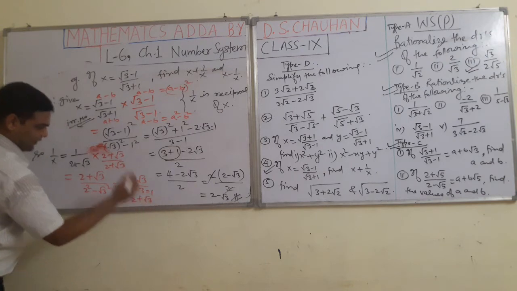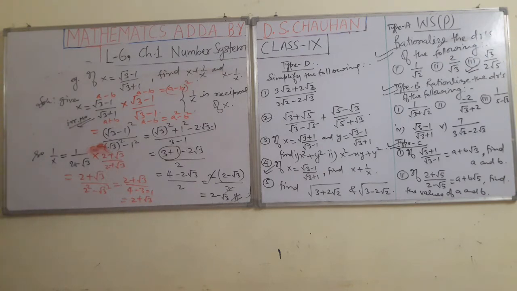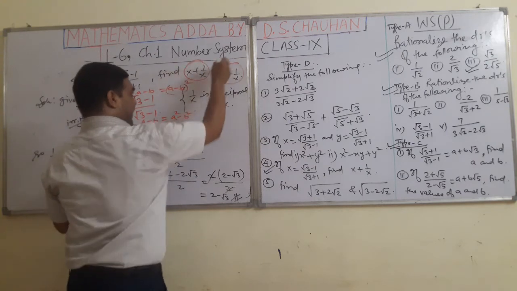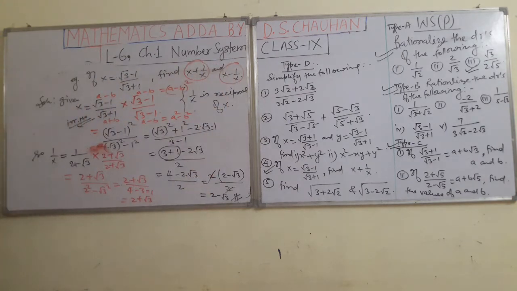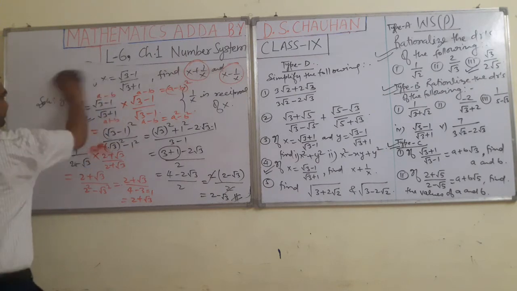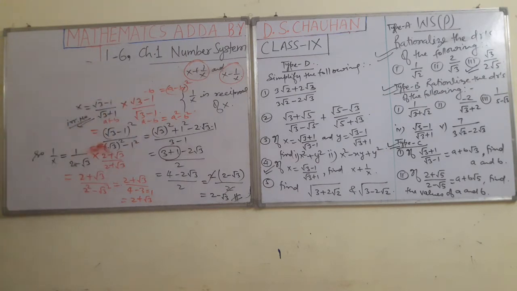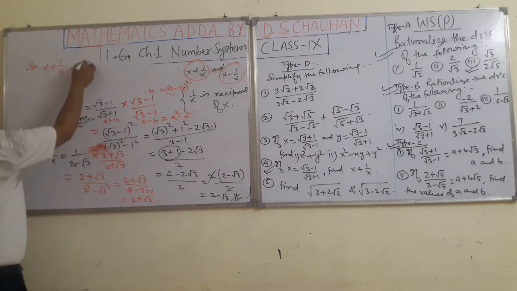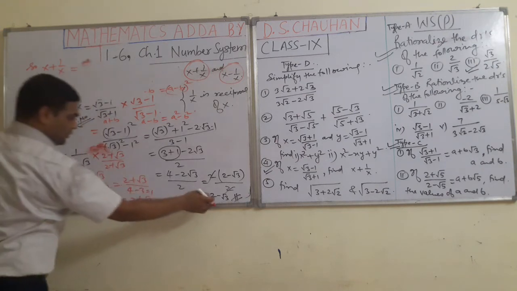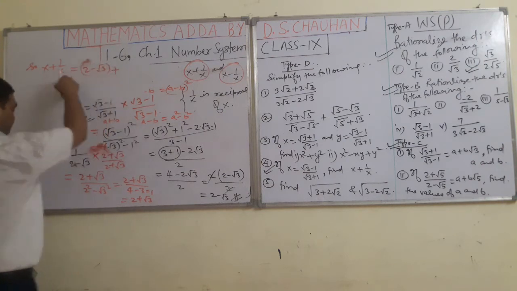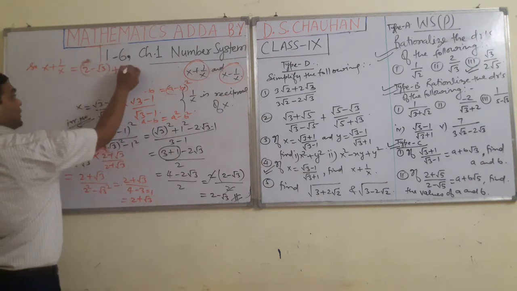Now students, you have to find out x plus 1 by x and x minus 1 by x. Easily you can find out. See how. Now x plus 1 by x: you know x is 2 minus root 3, and the value of 1 by x is 2 plus root 3.